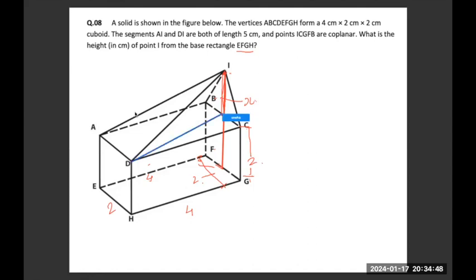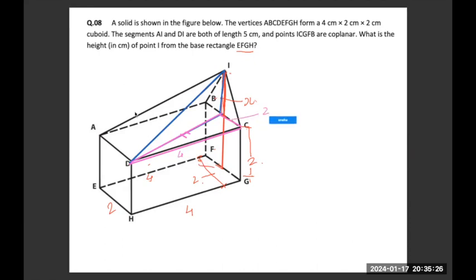In order to find that distance, I will use this triangle, the blue triangle which is drawn. But before that, I need to find the base of the triangle, which is the hypotenuse. This base happens to be the hypotenuse of this triangle, because I know the side which is 4 and the base which is 2.